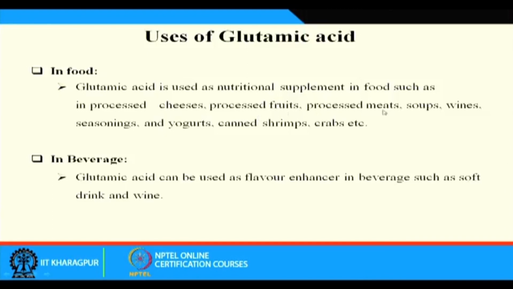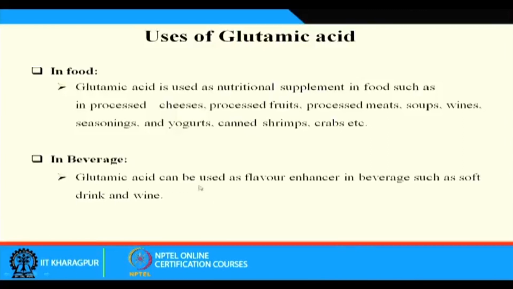We have processed milk like this, particularly for military people who work in very remote areas. They use this processed food. And soups, then we have wine, seasoning, yogurt, canned syrup, and crab. These are the different foods where we use glutamic acid as a nutritional supplement, as well as for flavor.